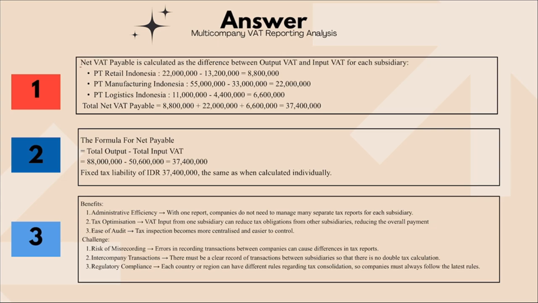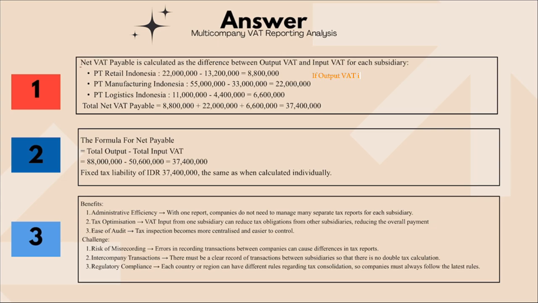The calculation is 55 million minus 33 million equals 22 million. The last, PT Logistik Indonesia has output VAT of 11 million and input VAT of 4 million 400. The calculation is 11 million minus 4 million 400 equals 6 million 600.